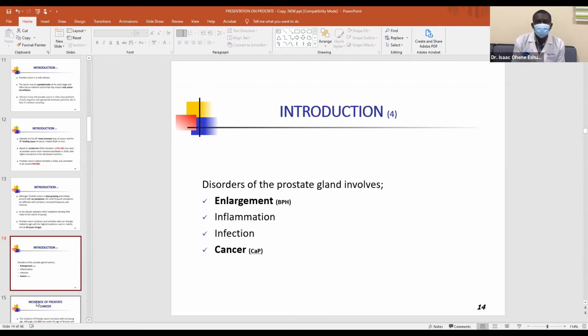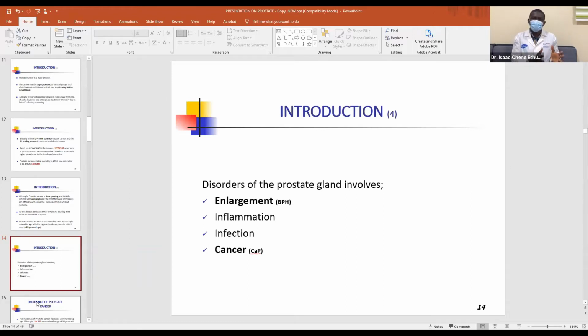Now the topic, if you look at it, we are looking at related conditions aside from prostate cancer. So the prostate organ can also have infection, which we call prostatitis. So it's not only prostate cancer or BPH, you could also have an infection of the prostate. This infection could also give you some urinary symptoms.